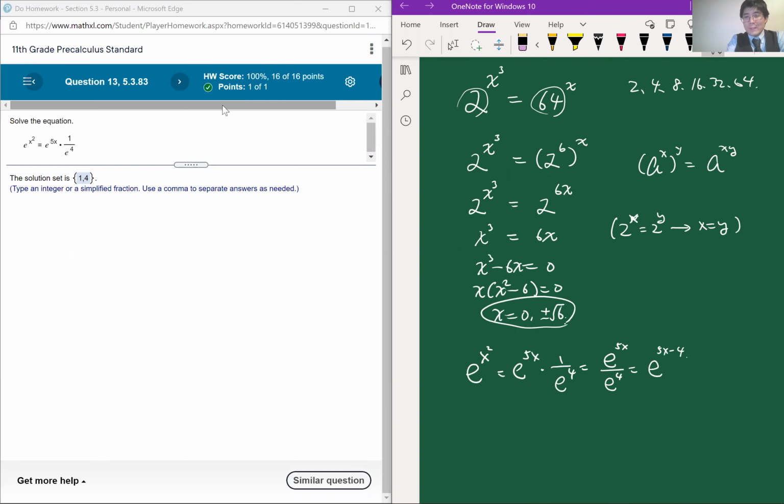Using this idea, we get x squared is equal to 5x minus 4. This is a quadratic equation, so move everything to one side of the equation, factor it, and you will get x is equal to 1 or 4.